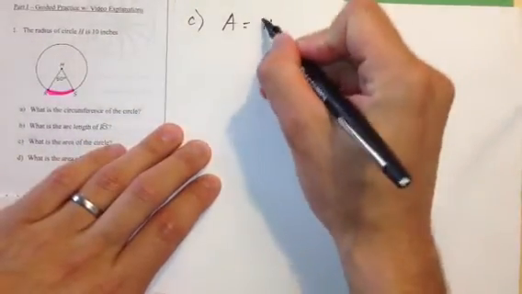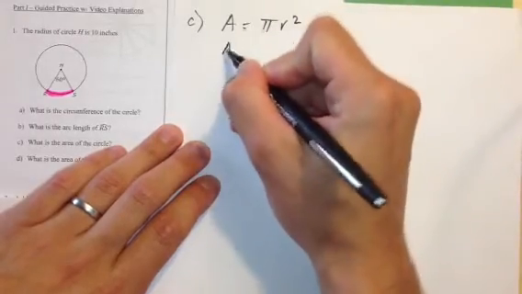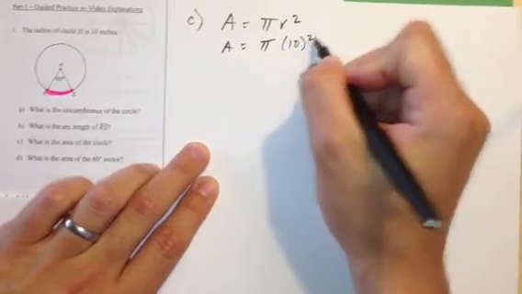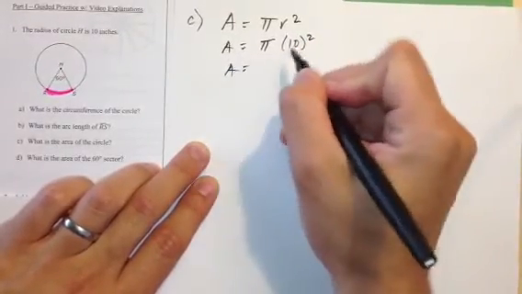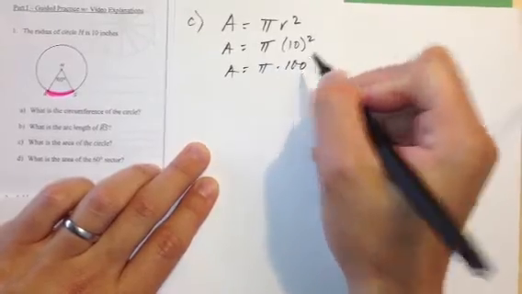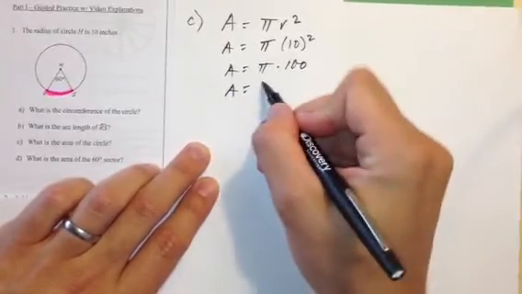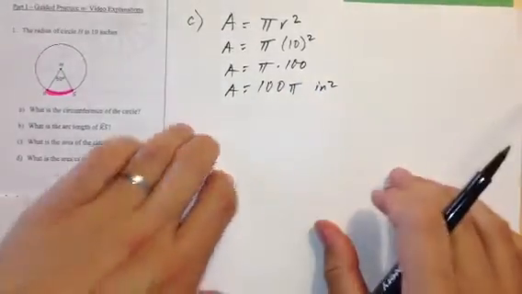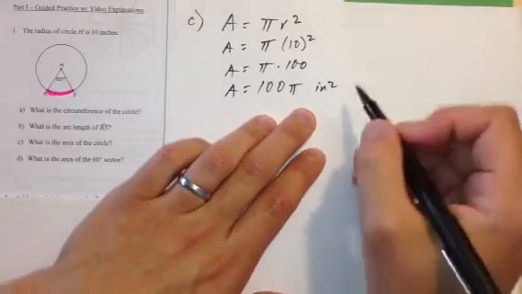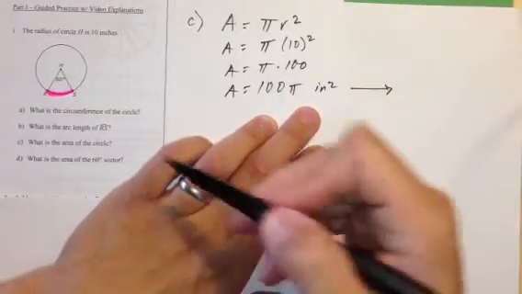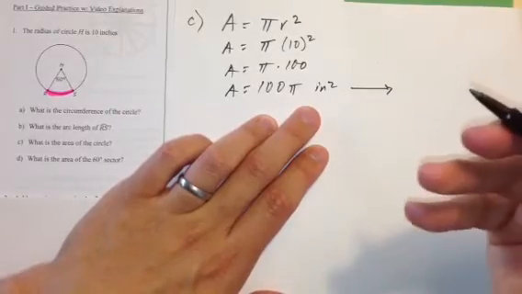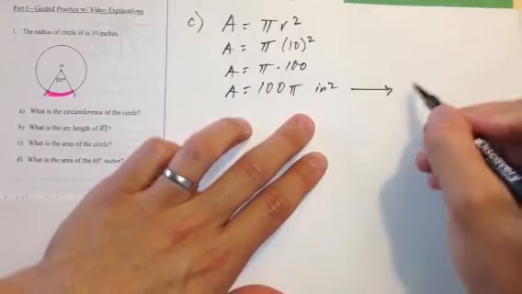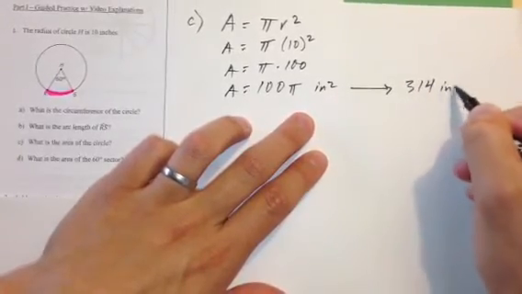So the area equals pi times the radius, which is 10, squared. Area equals pi times 100, or if I rearrange it as I typically do, 100 pi square inches. And our units of area are always square units, so because our measurements are in inches, our area units are square inches. If I multiply 100 times pi, or 100 times 3.14, I get 314 square inches.